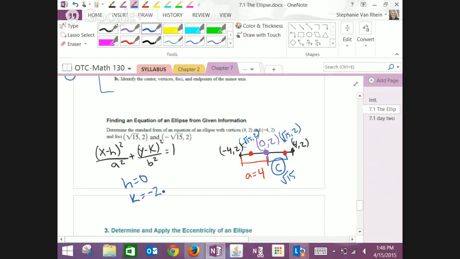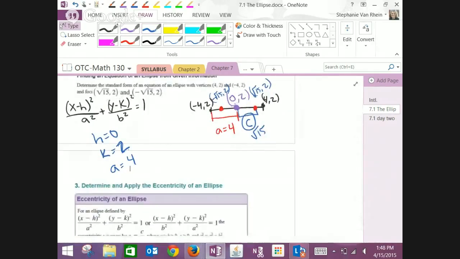Since k is written as y minus k, here k is actually only 2, right? But I'll have y minus 2 when I plug it in. You guys see that? This is y minus k. If k is 2, y minus 2 would make a shift of 2. What is a? Given, or a I calculated as 4. So c was given or calculated as square root of 15.